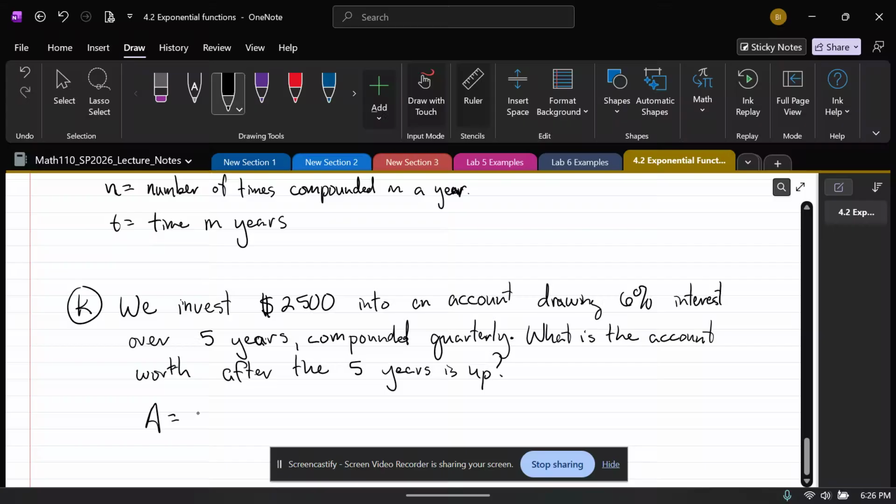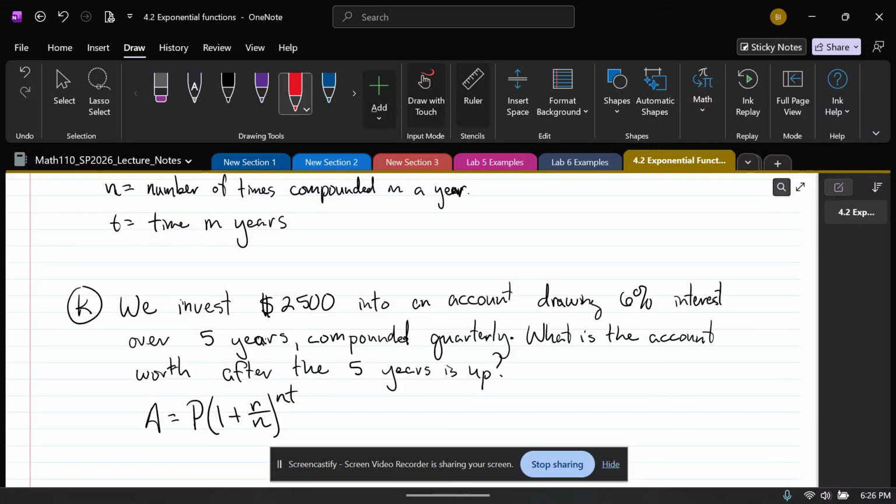We got our formula. If you'll write it down every time I write it down tonight, you'll probably have it memorized and won't have to really study too hard at memorizing it. All right, so I'm going to go back through my word problem and write down what letter each thing goes with. Okay, so where does P go? My principal investment, 2,500.